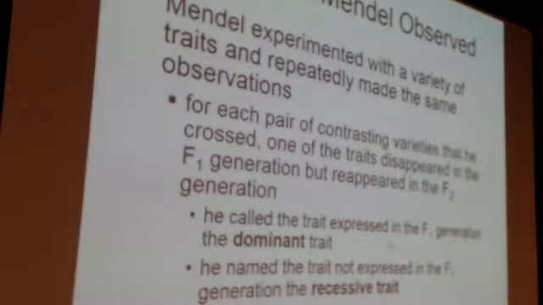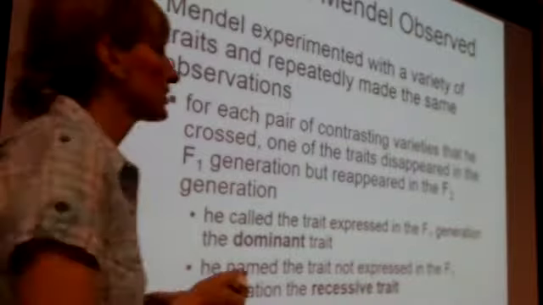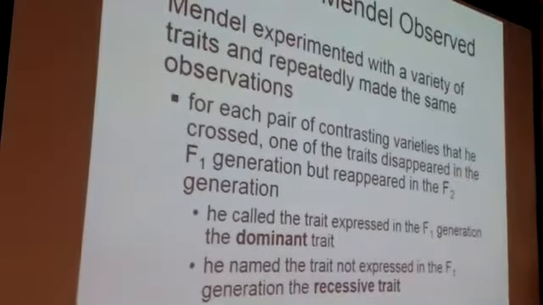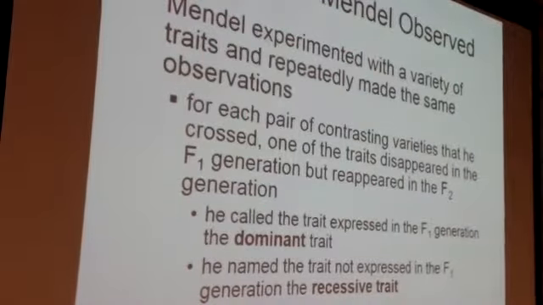Here's what happened with Mendel's stuff. Once he started with the P generation, okay, let's go back to flower color. He takes a plant with purple flowers and he crosses it with one with white flowers. In the F1s, in their offspring, they all were identical. For this cross, they all ended up with purple flowers. Okay, so we're taking a purple plant times a white plant.